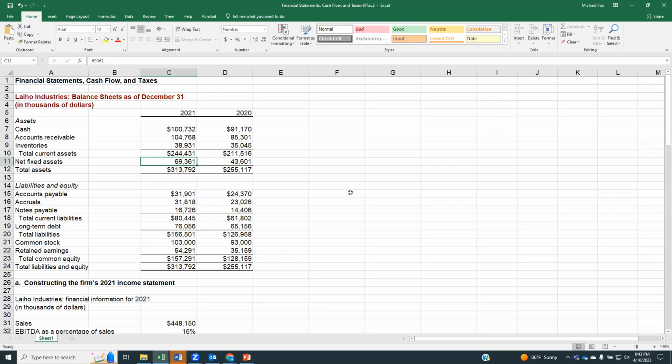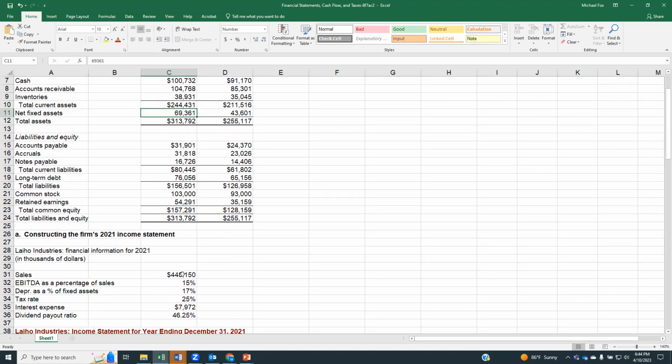So we also have to account for the fact that we had a depreciation in here because this says our net fixed assets, which is our assets minus any depreciation. Okay, so we know that our assets went up by that amount, but that we also had depreciation of, where's our depreciation?